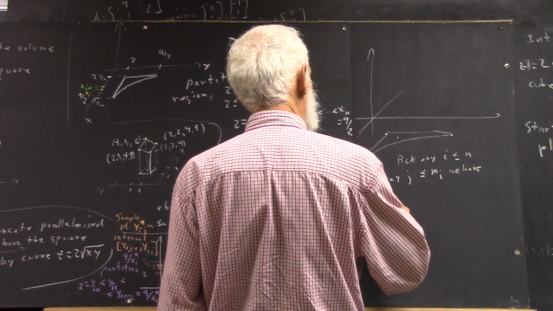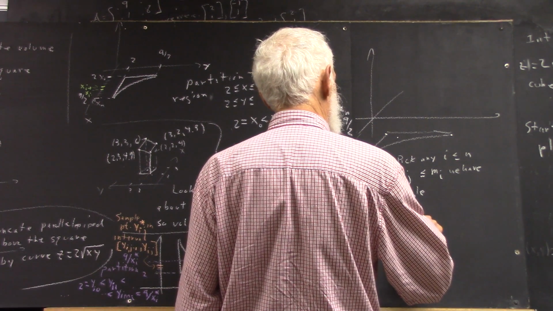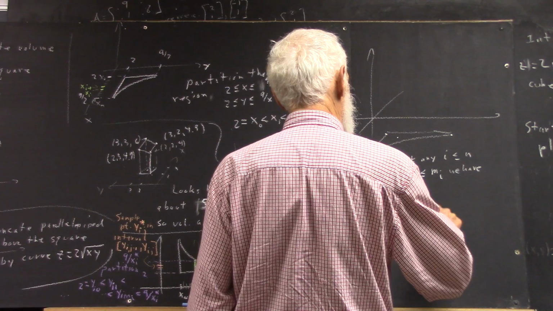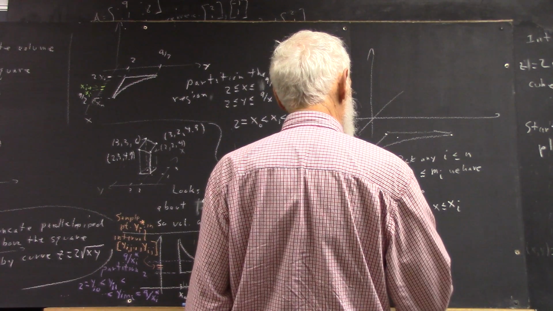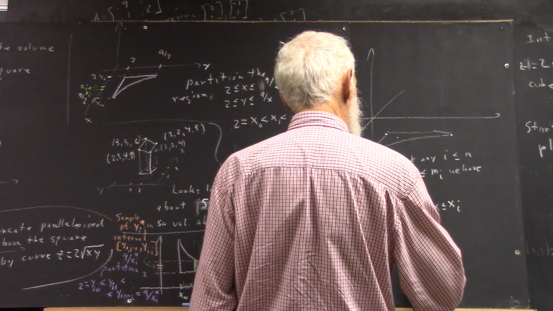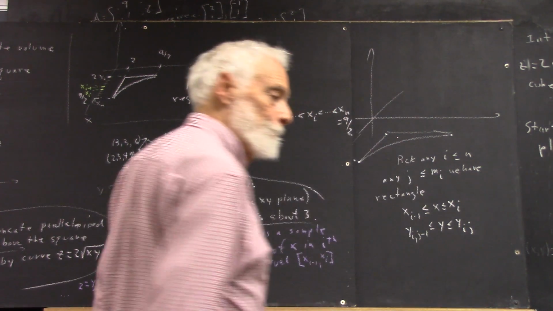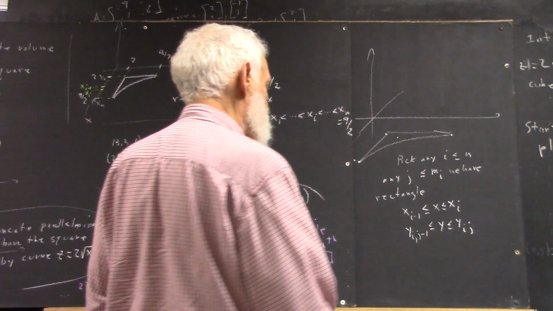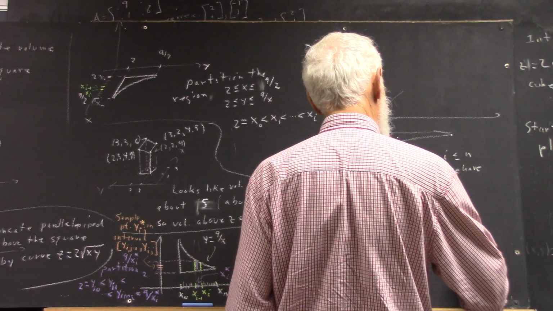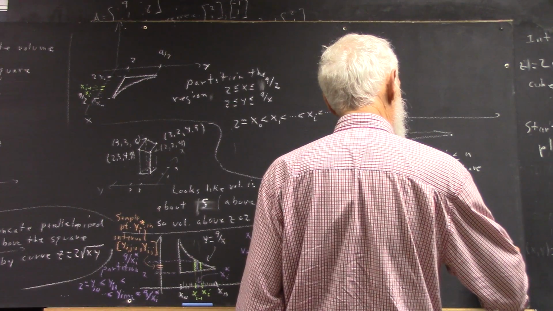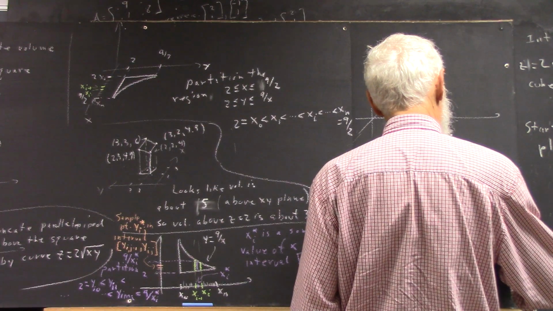we have a rectangle x sub i minus 1 less than or equal to x less than or equal to x sub i, and y i j minus 1 less than or equal to y less than or equal to y i j, with the point x i star, y i j star.